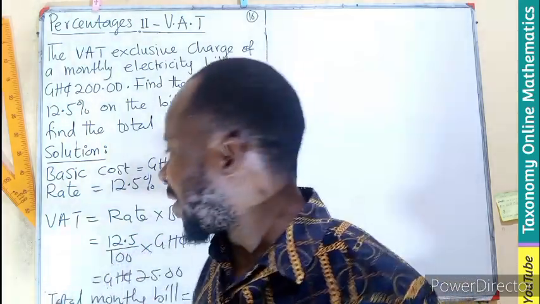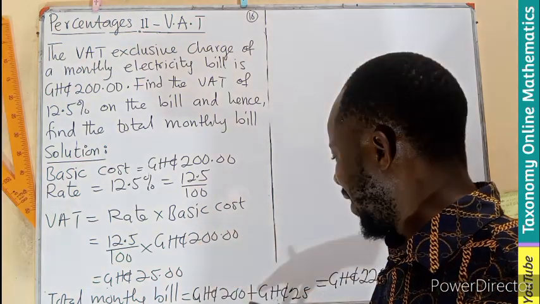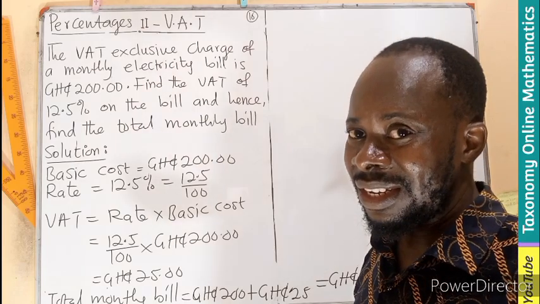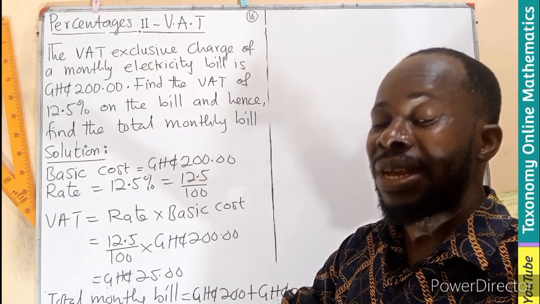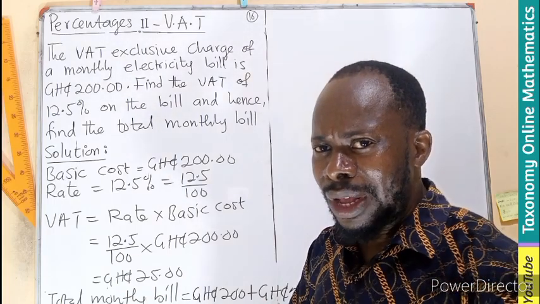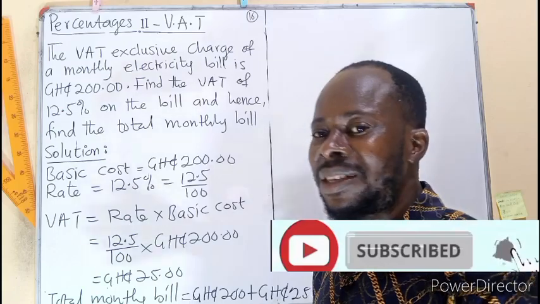Imagine if this 200 cedis is 20,000, then imagine what the 25 will be. Even if it is 2,000 that you are going to just give to the government just because you are buying an item, you could see how you feel betrayed if the government is not doing exactly what you expect them to do.